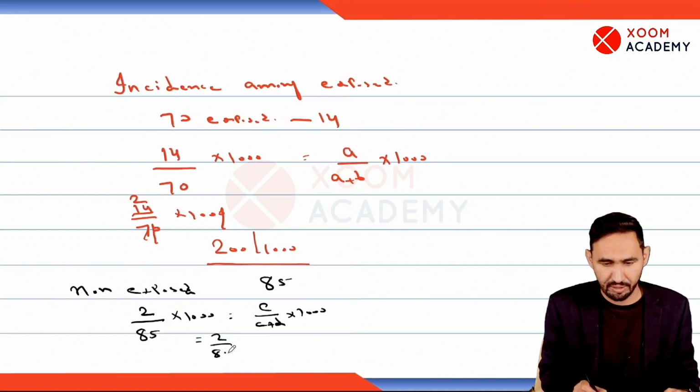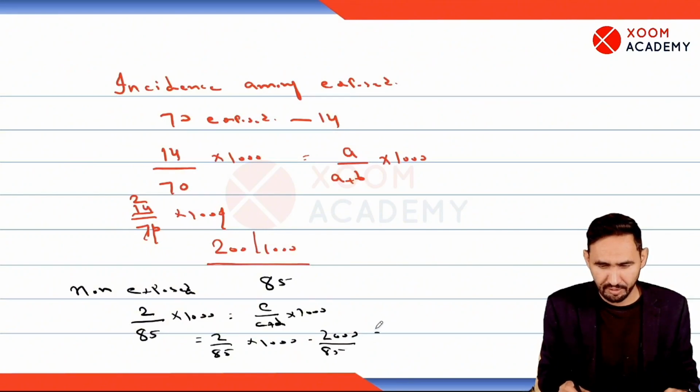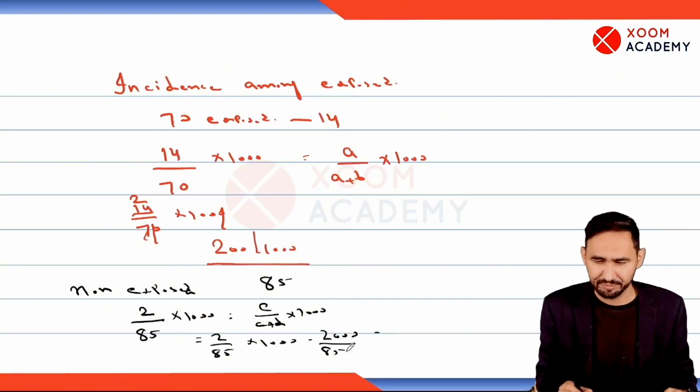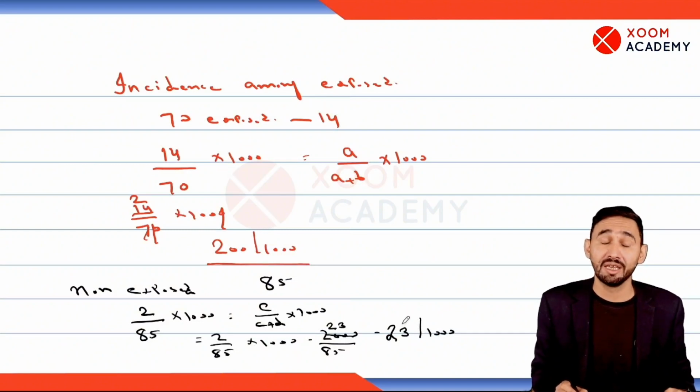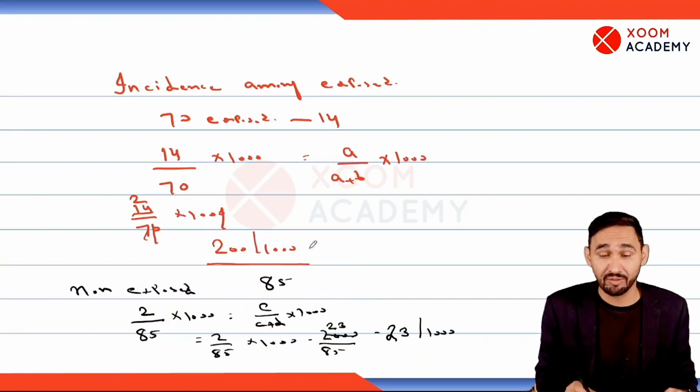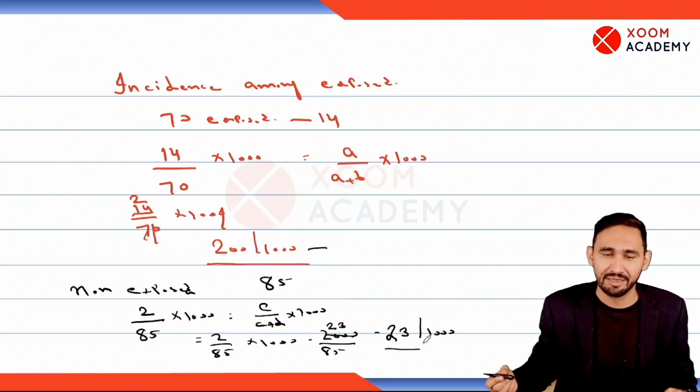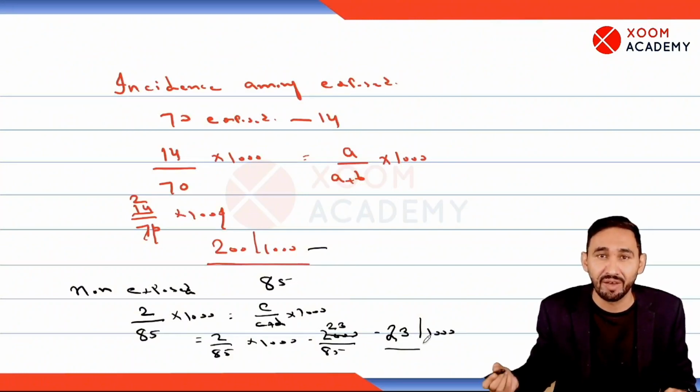If we calculate this, we have to divide 2000 by 85. Our answer will be roughly 23 per 1000. So incidence is greater in women who are using OCPs. So we can say that there is association between cervical cancer and use of OCPs.